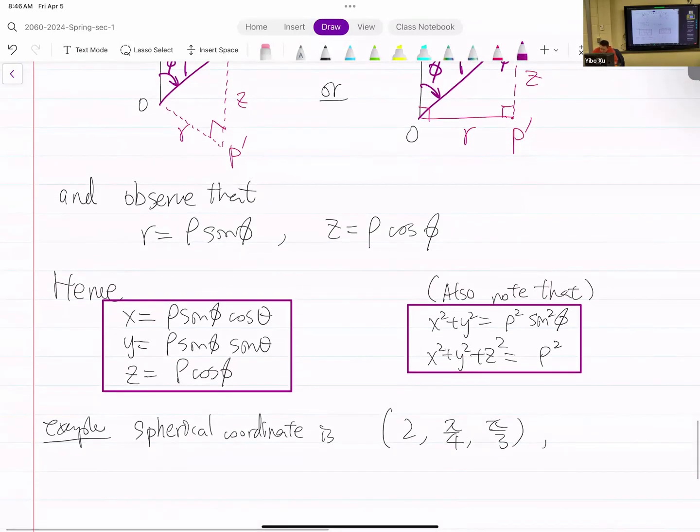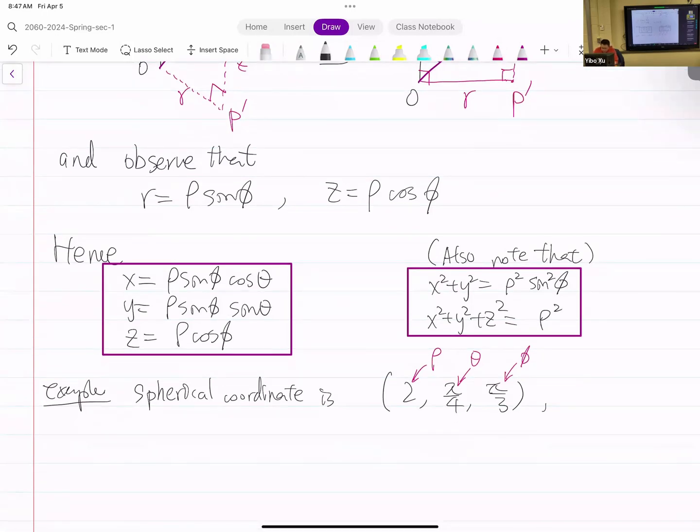Just realize that here we have rho, theta, and phi, so that's the order in which we describe spherical coordinates. Here, rho is of course the first entry of the triple, theta is the second, and finally phi is the third.